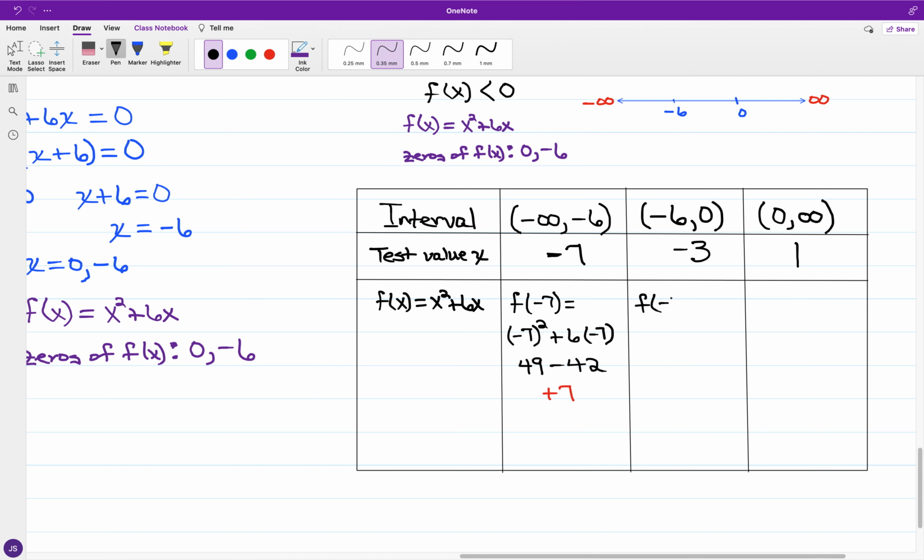If I go with f of negative 3, in the procedure I have the square of negative 3 plus 6 times negative 3. The square of negative 3 is positive 9. 6 times negative 3 is negative 18. And 9 minus 18 will be negative 9.